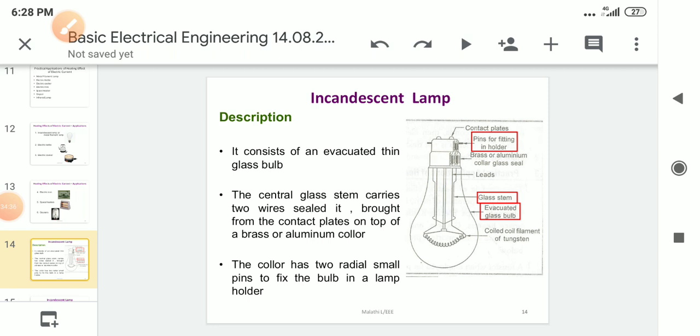The central glass stem carries two wires sealed in, brought from the contact plates on top of a brass or aluminum collar. This collar has two small radial pins to fix the bulb in a lamp holder. These two are pins for fitting this to a holder.